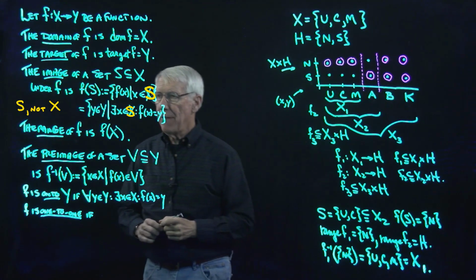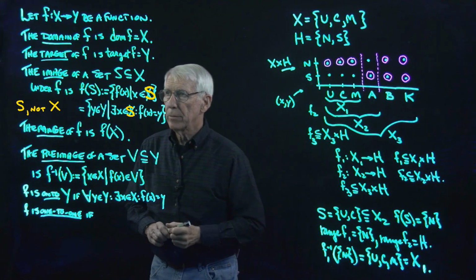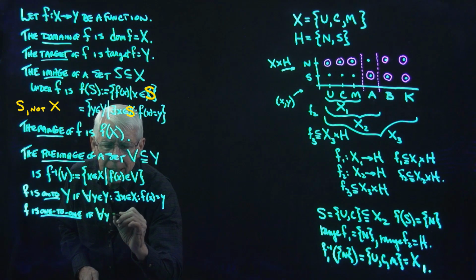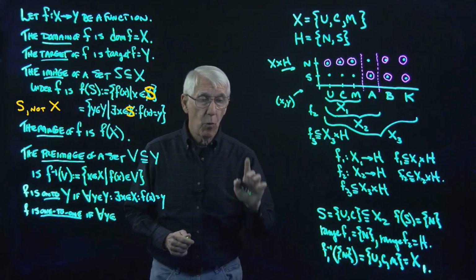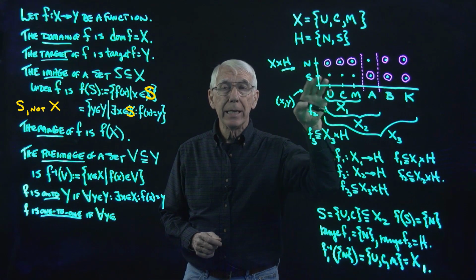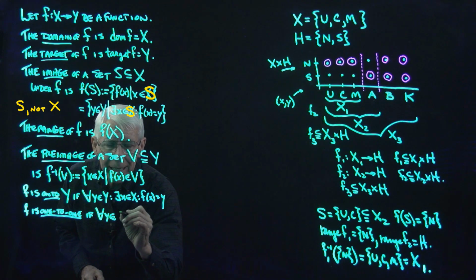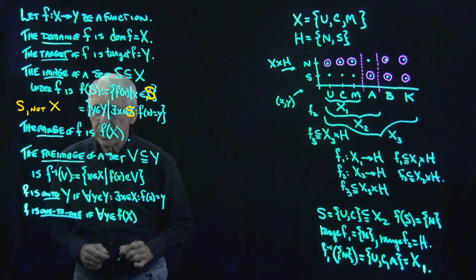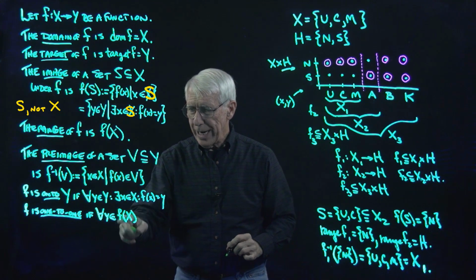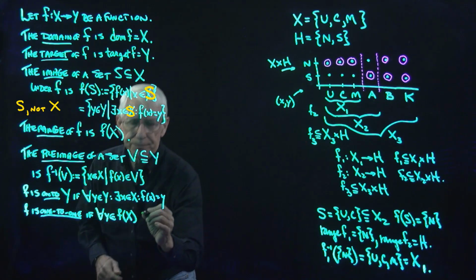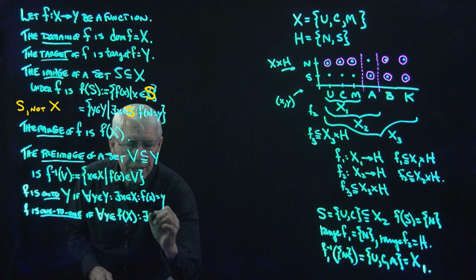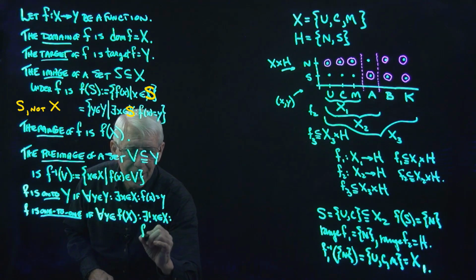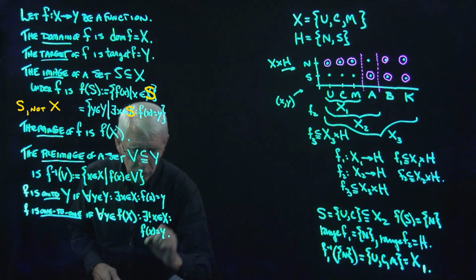So we would say f is 1-to-1 if for every y, now it's not for every y in the target space, because some of the elements of y might not get hit. So it's for every y in the range of f, there exists a unique x in the domain such that f of x equals y.